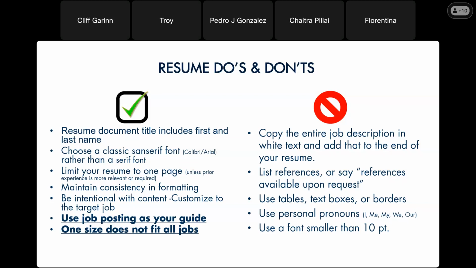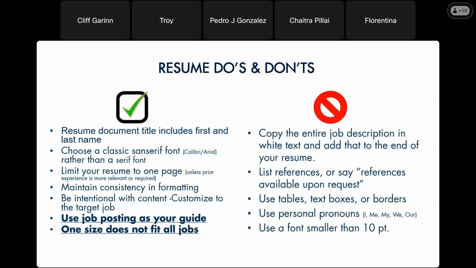It's not a deal breaker if you choose a different font, but you want to use one that's going to work across platforms. So if you're working on a Mac, you want to use something that's also going to be used by a PC. I hope that helps with that.